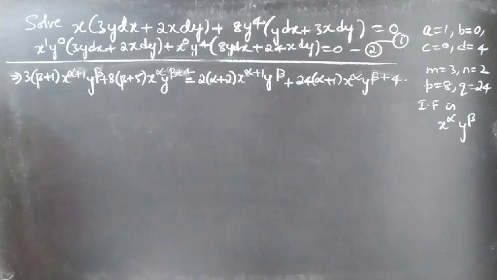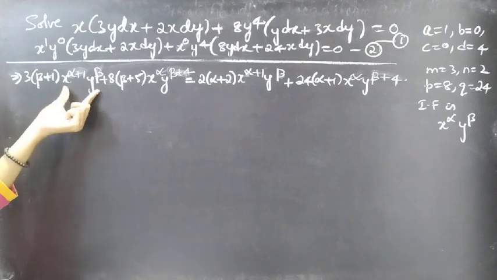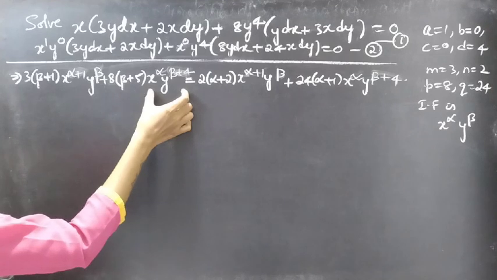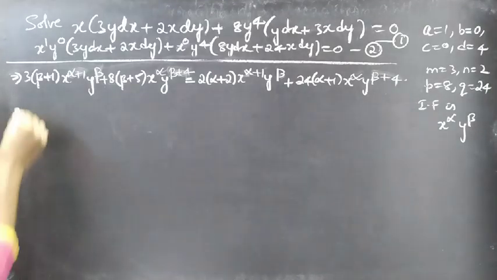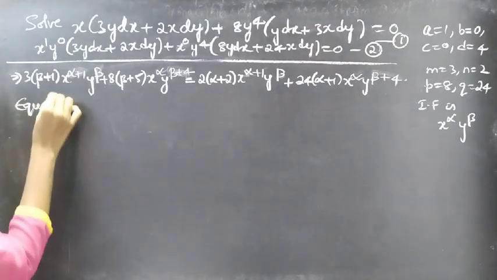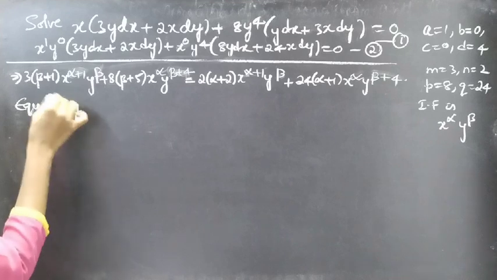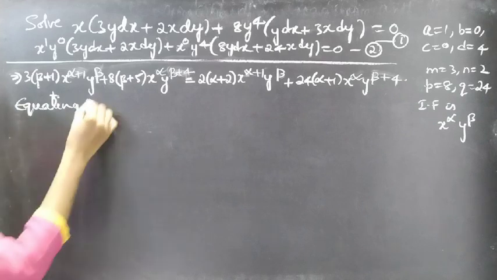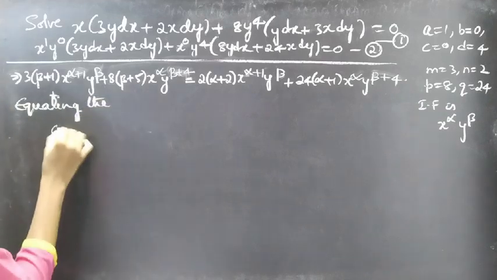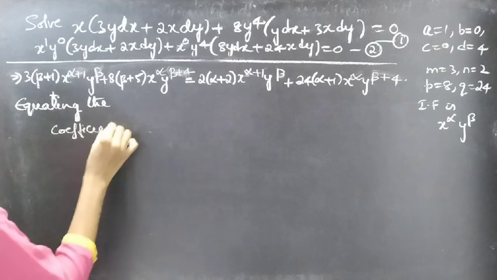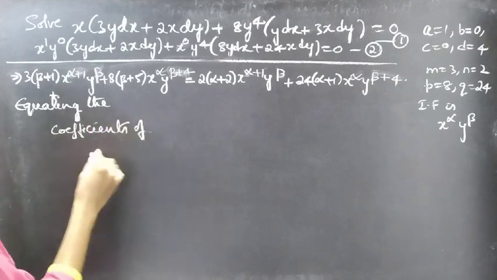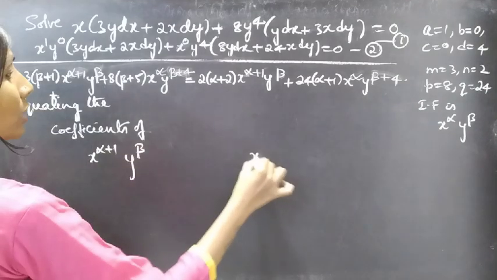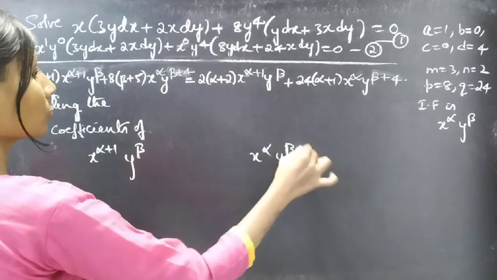Let's equate the terms involving x^(α+1) y^β and equate the terms involving x^α y^(β+4).